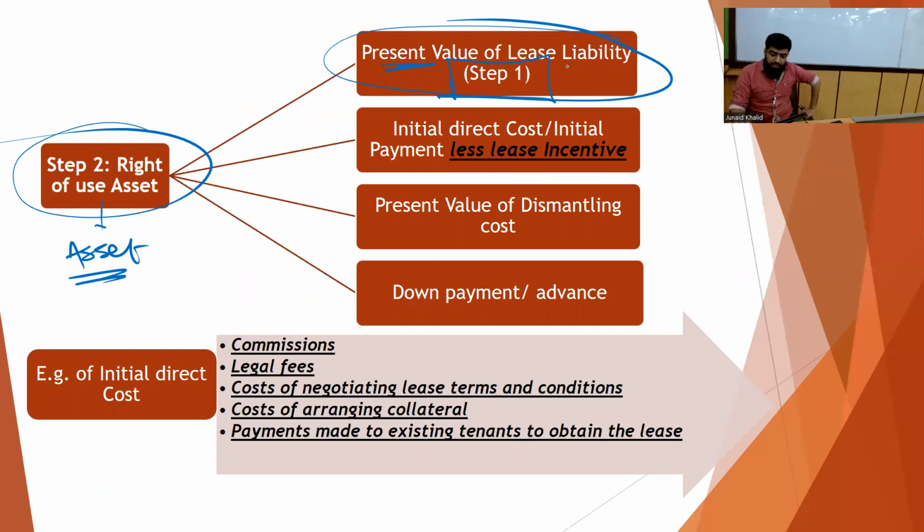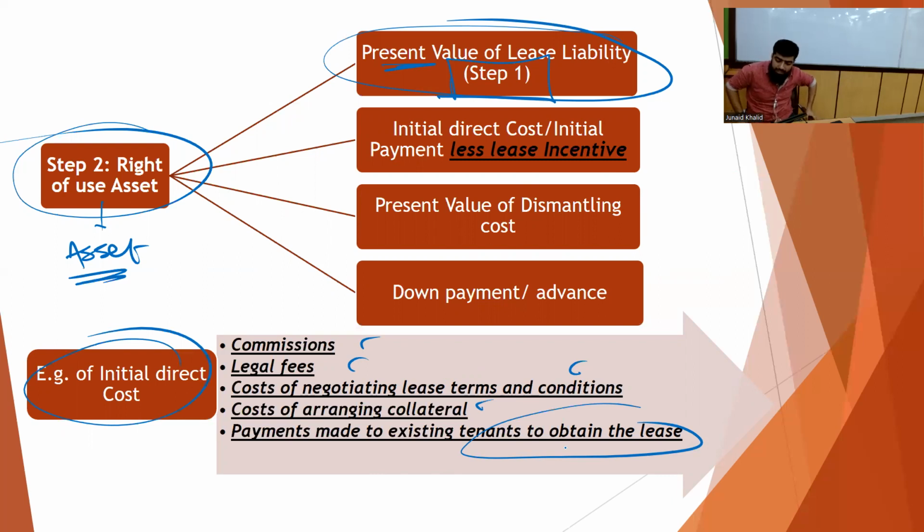Second thing is initial direct cost. The examples of initial direct costs are any commission you pay, legal fees, or the cost of negotiating the lease terms and agreements or the contract conditions, cost of arranging collateral, and the payments made to existing tenants to obtain the lease. It means any payment which is done in respect of the lease agreement, any legal charges, would be known as the initial direct cost.